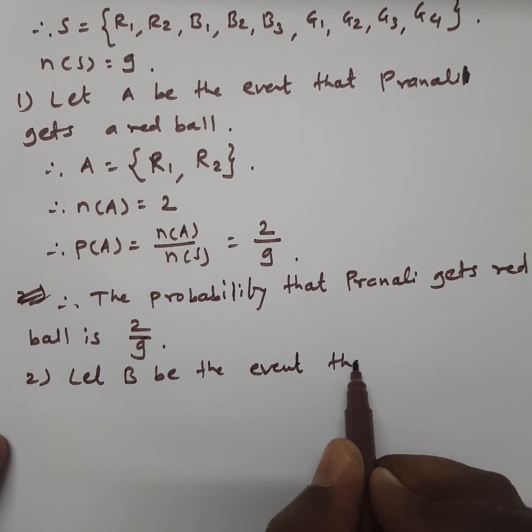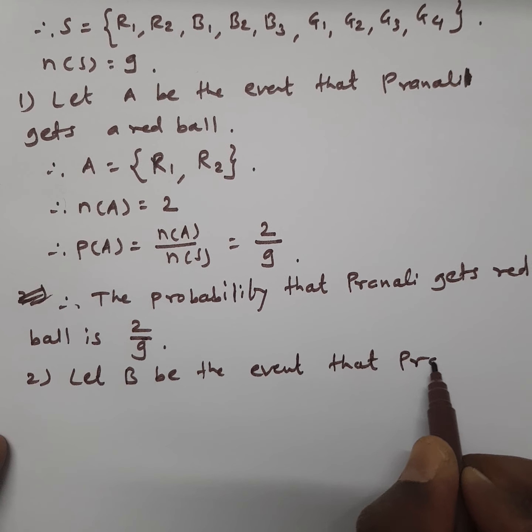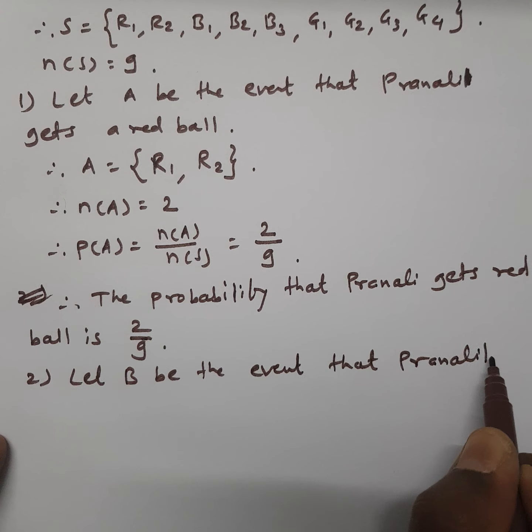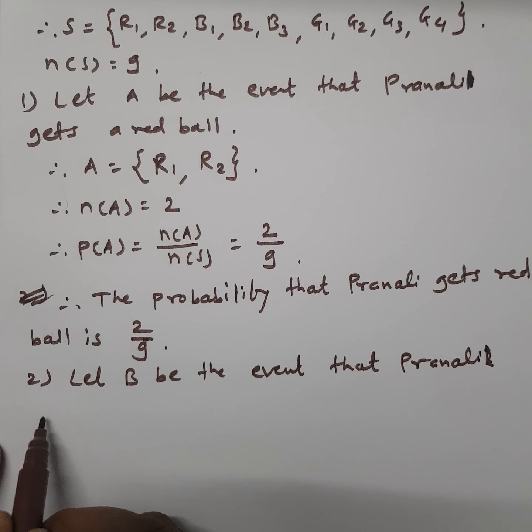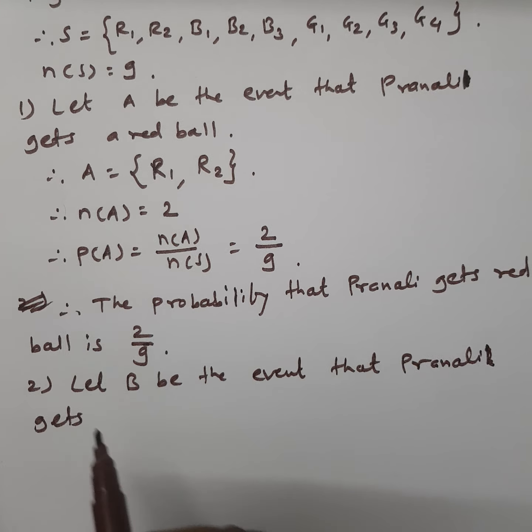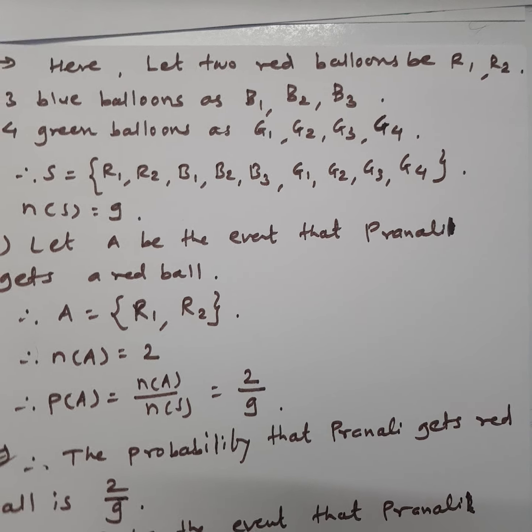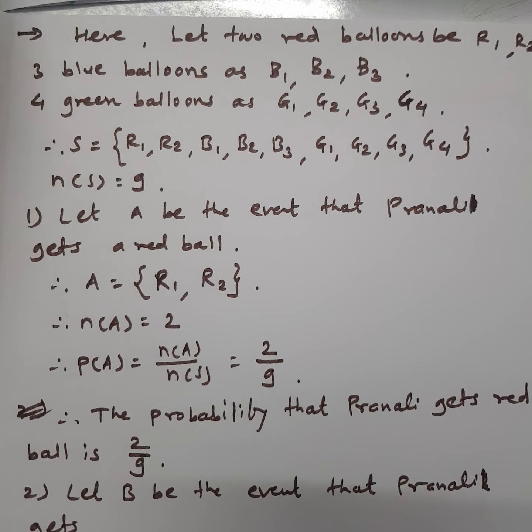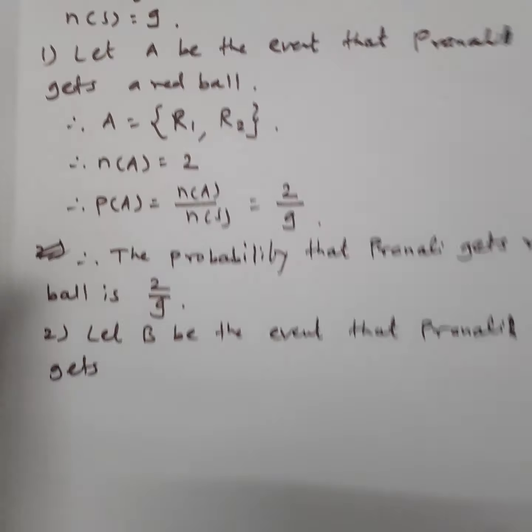Then second, let B be the event that Pranali gets a blue balloon. Therefore, B is equal to, here there are 3 blue balloons, B1, B2, B3.